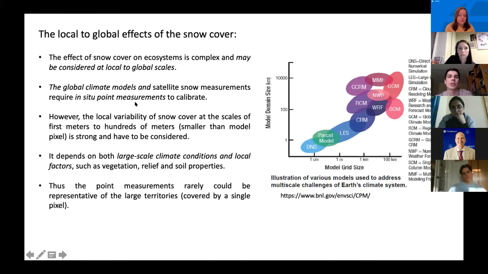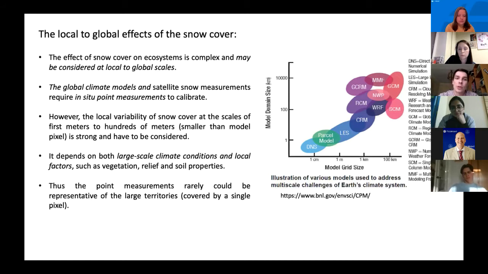What is important here is that all those models and measurements require in situ or field point measurements to calibrate them. However, the local variability of snow cover at scales of meters and hundreds of meters, smaller than a model pixel, is very strong and has to be considered in those models.